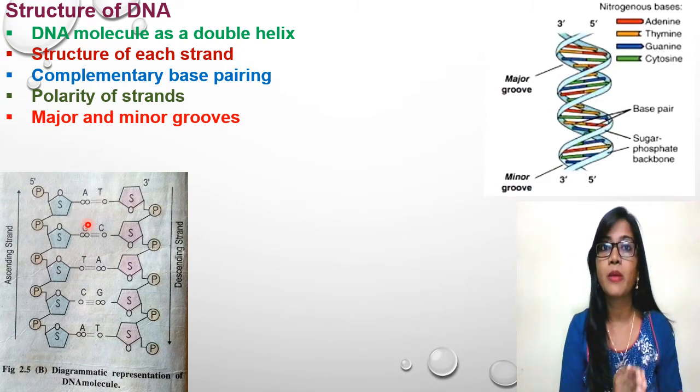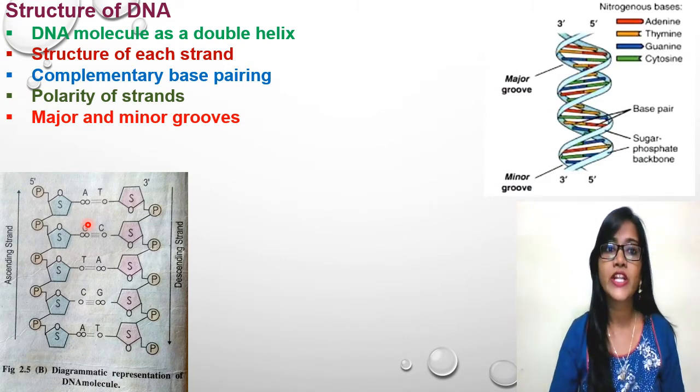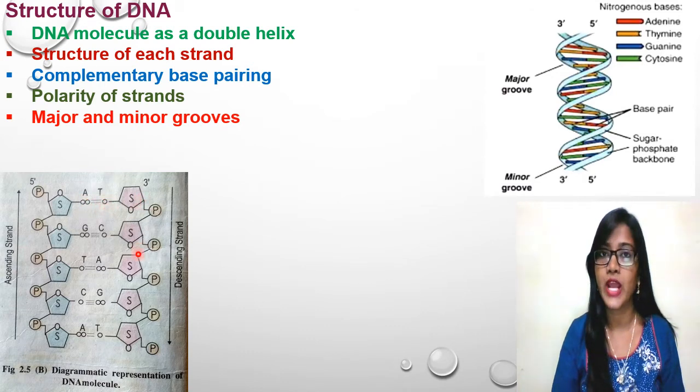Adenine is a double ring compound, so it is denoted by a double ring. Thymine, adenine gets attached. Now see the bonding. These are the double bonds. A pairs with T of the other strand. Adenine, guanine, thymine, cytosine and adenine, up to this part, this is one strand of the DNA.